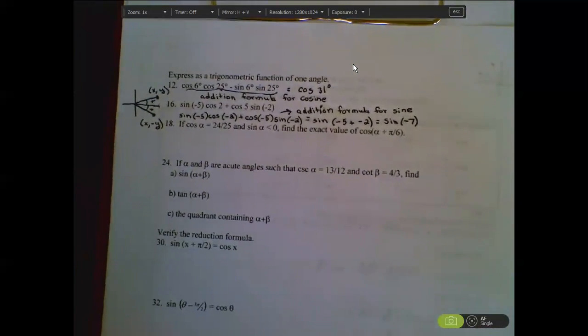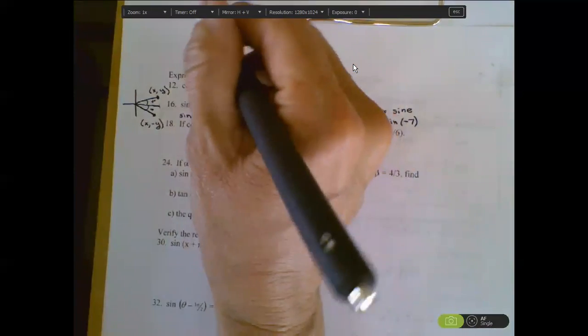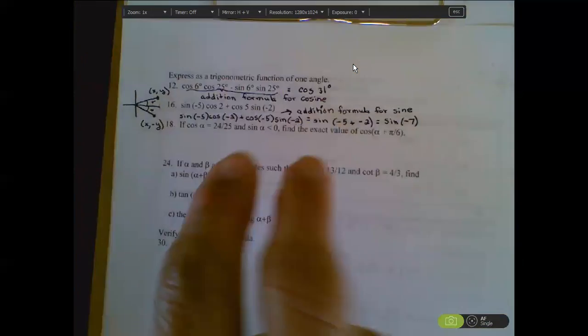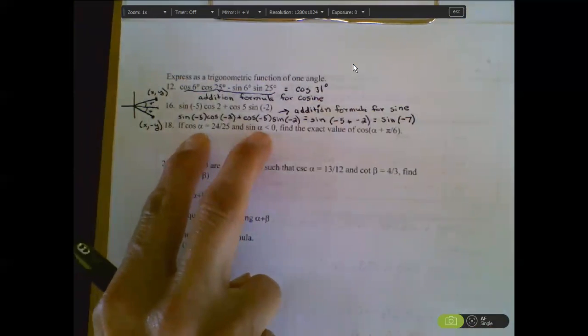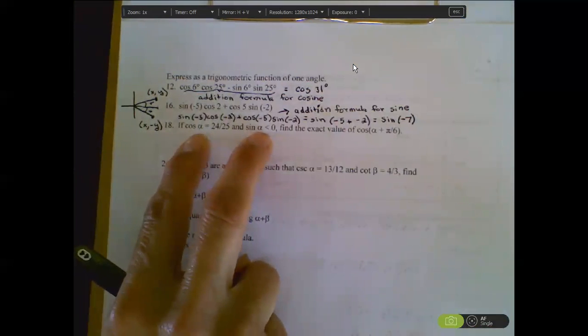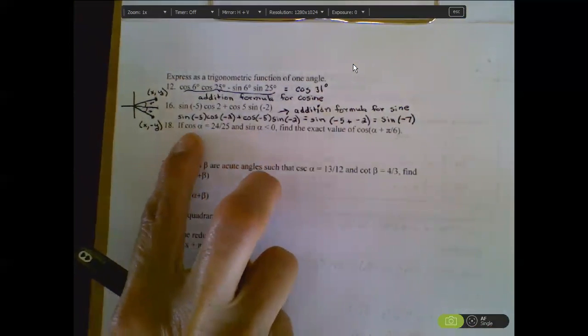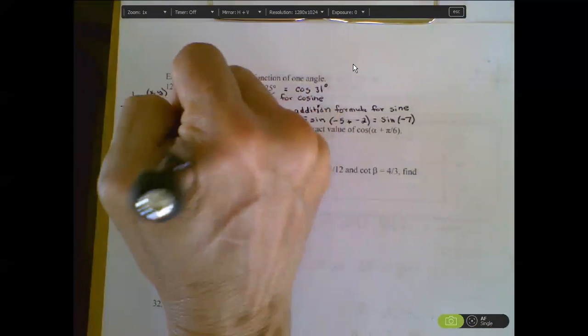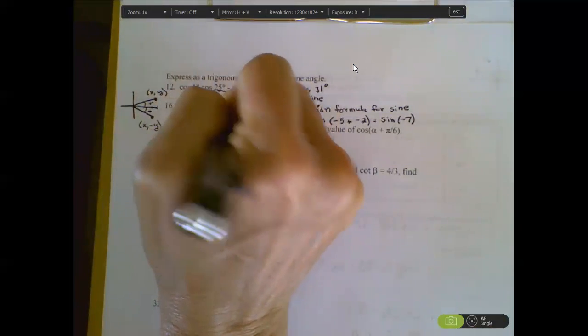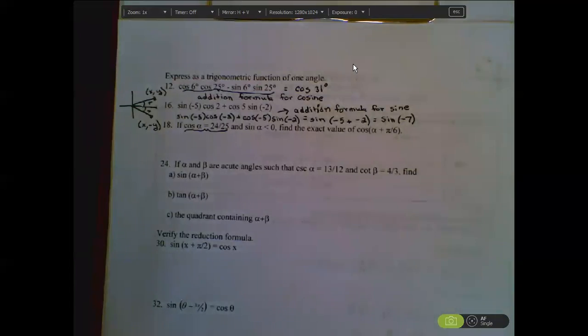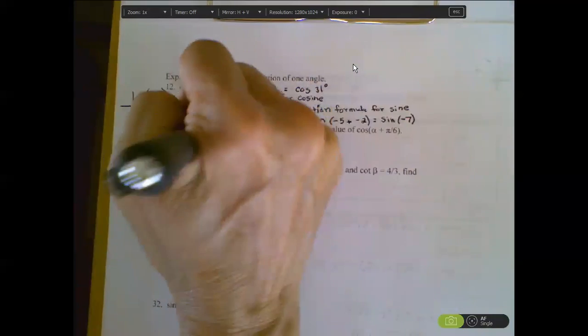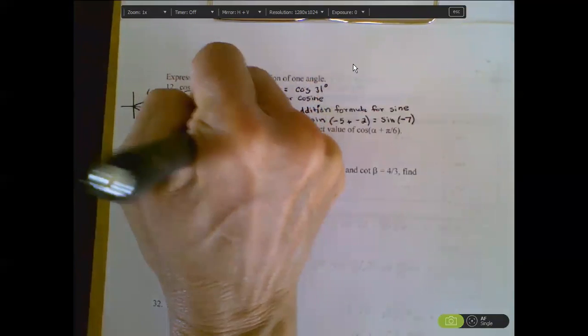So think about something, we've had problems like these earlier that said, in what quadrant does alpha lie? If cosine of alpha is positive, in what two quadrants is the x coordinate positive? 1 and 4.